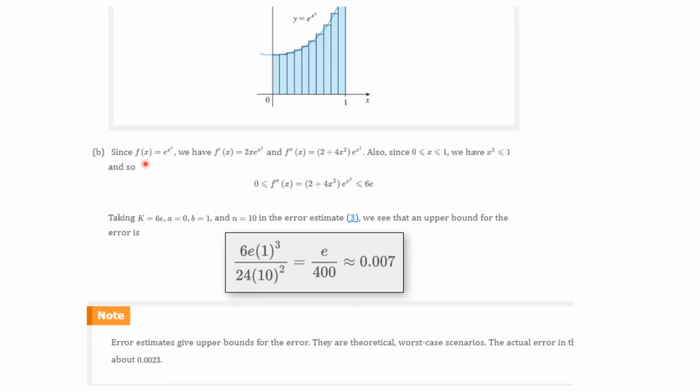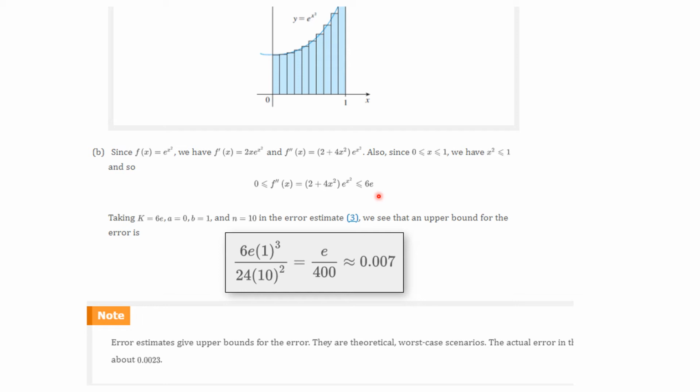Okay, so this is just part B. So what I do is I take the function f of x equals e to the x squared. f prime of x is 2x e to the x squared, and f double prime is, and you should verify these calculations, but since 0 is less than or equal to x less than or equal to 1, and x squared is less than or equal to 1, we have that 0 is less than or equal to f double prime of x, because you're multiplying positive numbers, and this is going to be less than or equal to 6e.